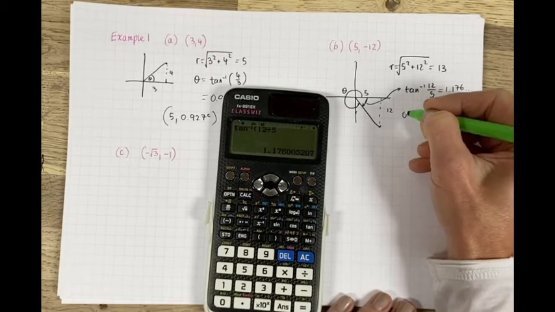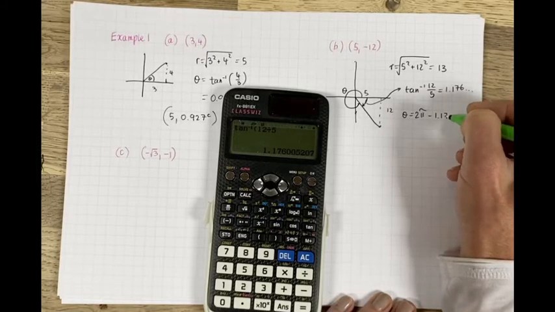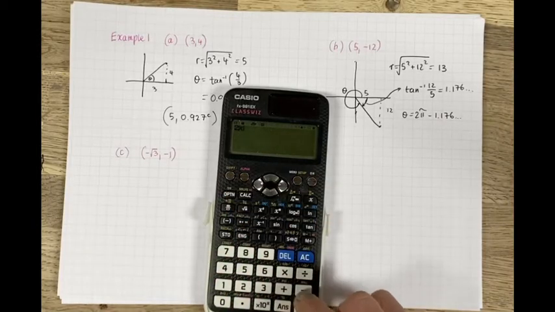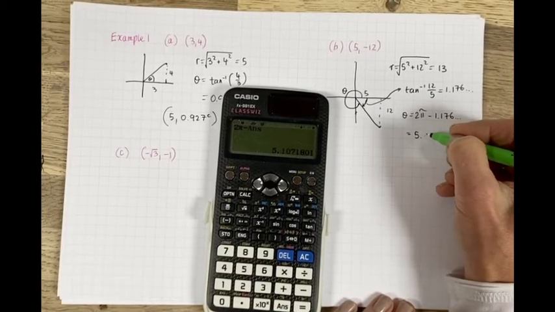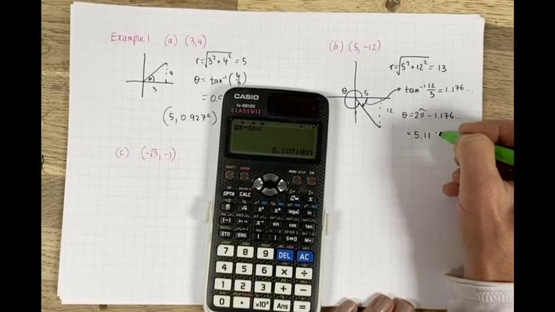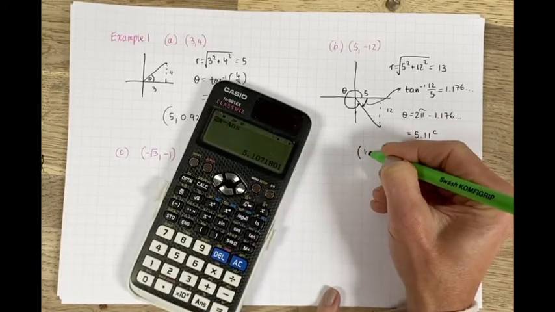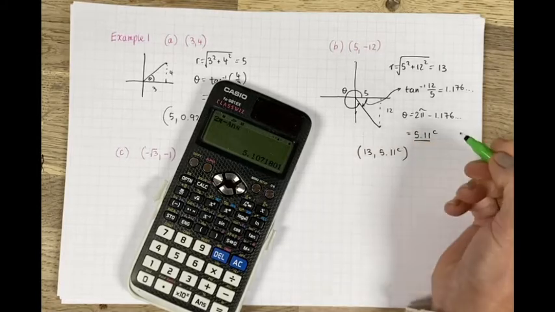So theta is 2 pi minus 1.176, 2 pi being 360 degrees. So it's 5.11 radians. So our polar coordinates are 13 and 5.11 radians.